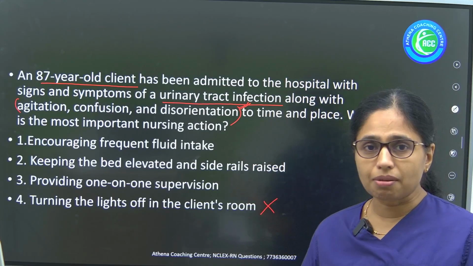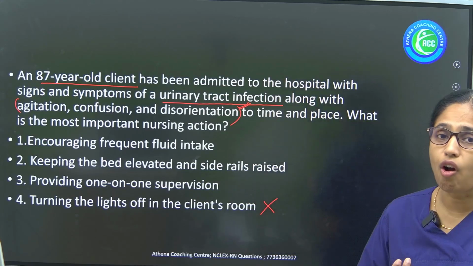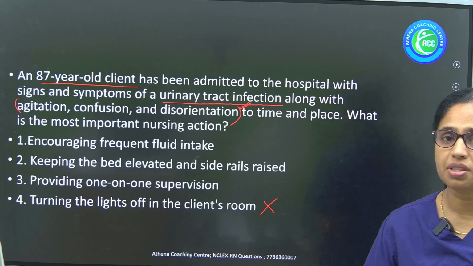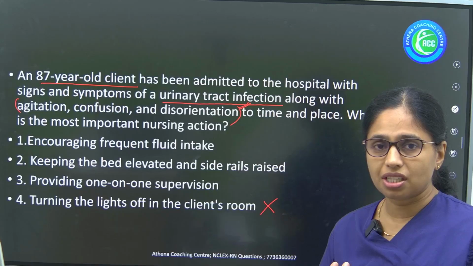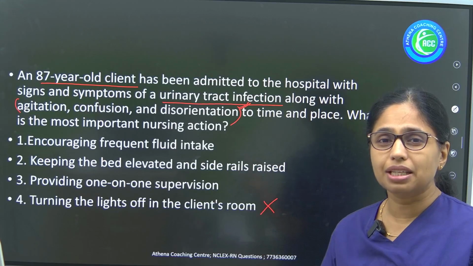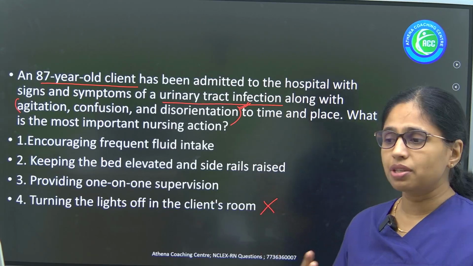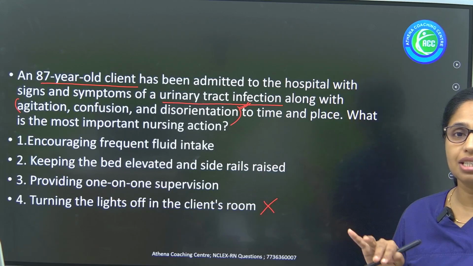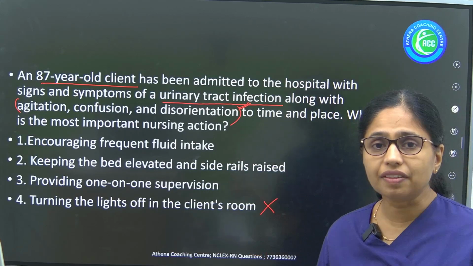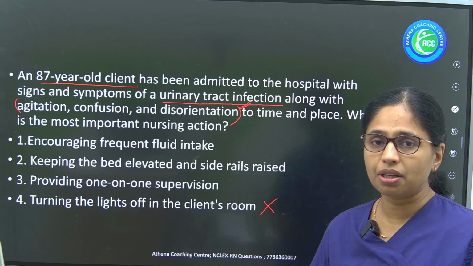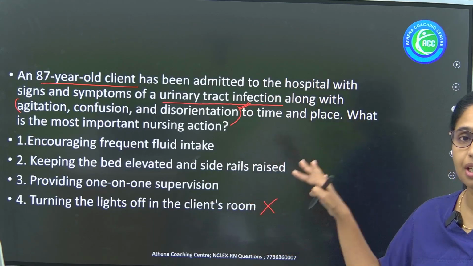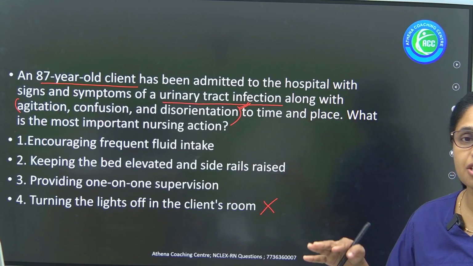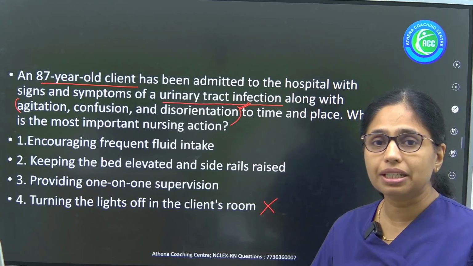Sometimes, as a complication of UTI, there will be chances of delirium symptoms. Elderly patients with UTI have a chance of developing delirium symptoms. Understood? So this can be considered a symptom of delirium. So here this particular patient might be experiencing delirium symptoms.